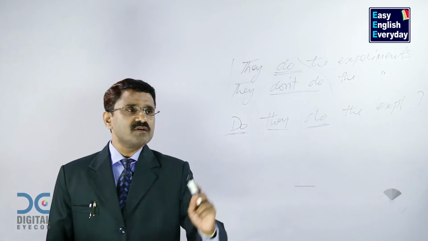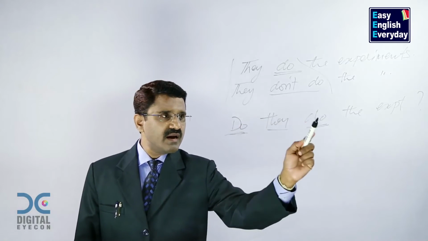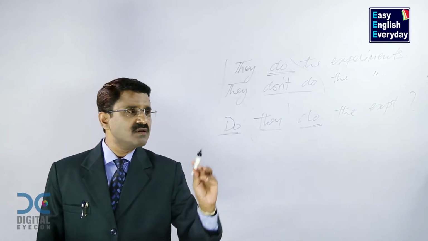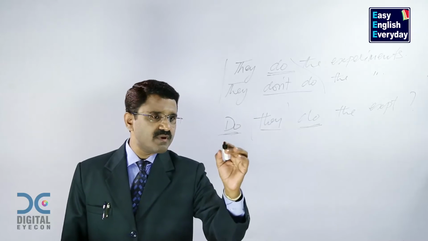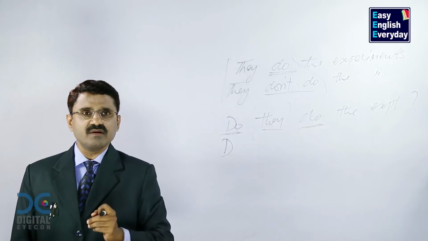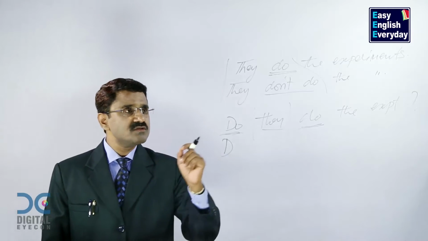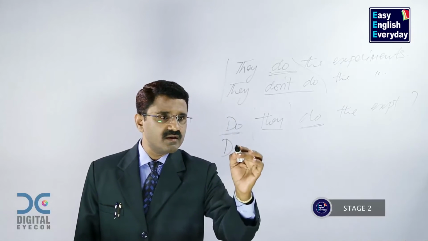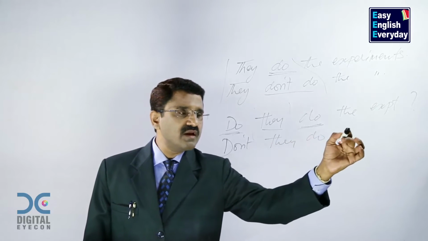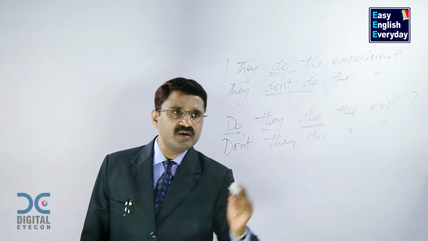You have to remember the point that do and do, they appear like this in between a subject. Do they do the experiment regularly? Yes, they do the experiment regularly. No, they don't do the experiment regularly. Don't they do? Don't they do the experiments in the laboratory?